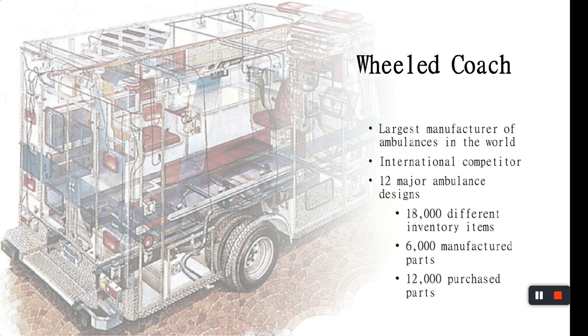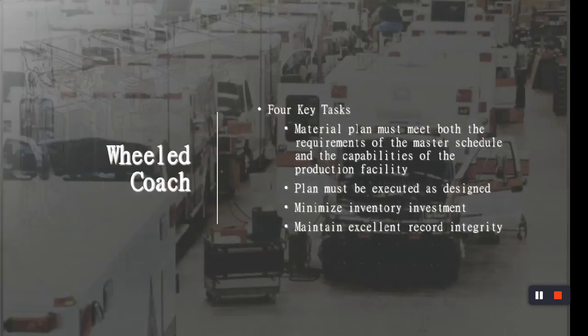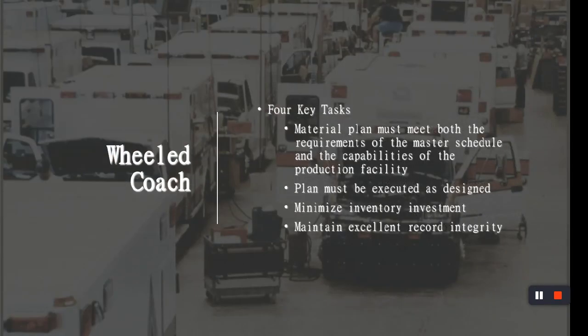The system will give us the necessary information that we need in order to produce the ordered ambulances using the 18,000 different inventory items. So the key task here is that the material plan must meet both the requirements of the master production schedule and the capabilities of the production facility. So we will not overburden the production facility.